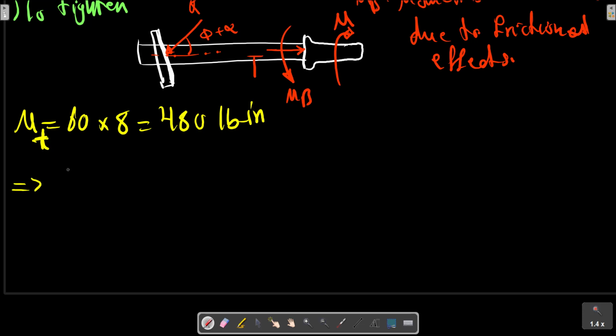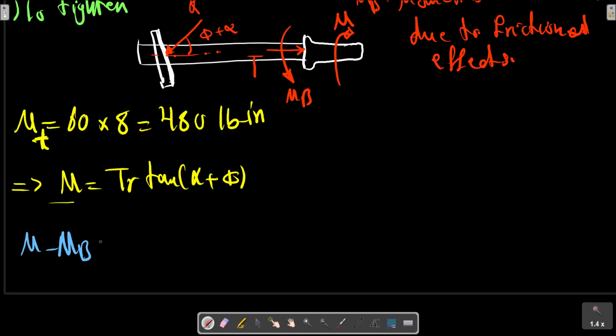Now we have this relation. To tighten, we have the relation T R tangent alpha plus phi. But M required to tighten is M minus MB remaining.